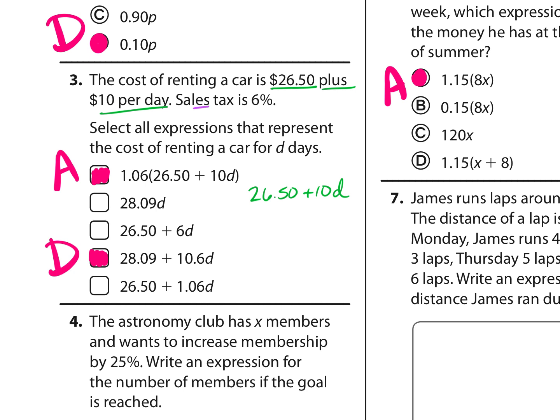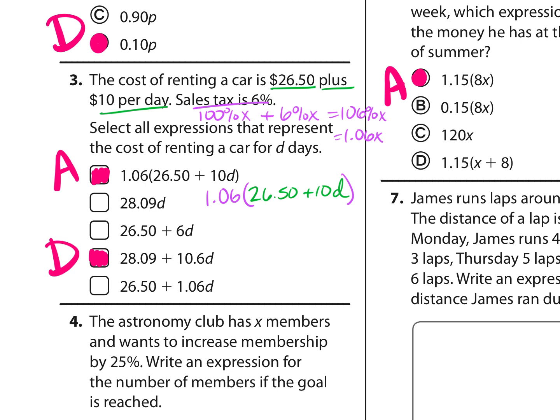And thinking for a minute, if sales tax is 6%, that's like taking 100% of something and adding 6% to it to give us 106% of that. So 106% is 1.06 of that, so 1.06 times $26.50 plus 10D.